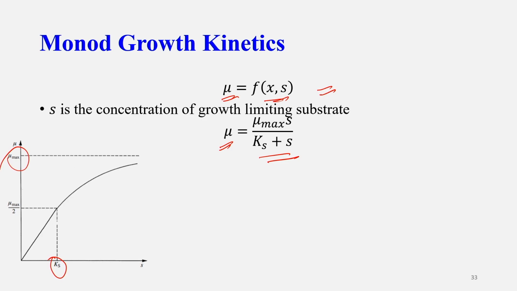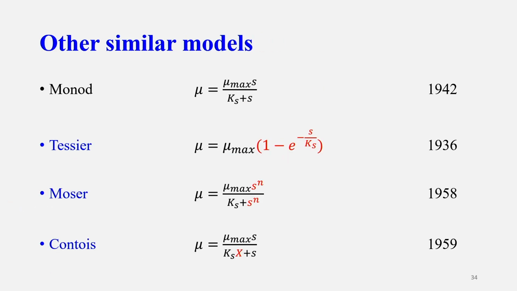Similar to this Monod model, in the last lecture we also discussed, while deriving the Monod, the Tessier model. It says mu equals mu max into 1 minus e to the power minus s upon Ks, and you can also see this Moser equation.